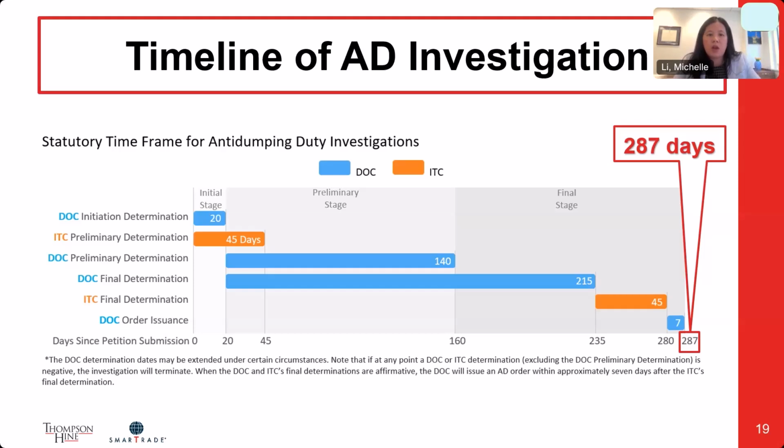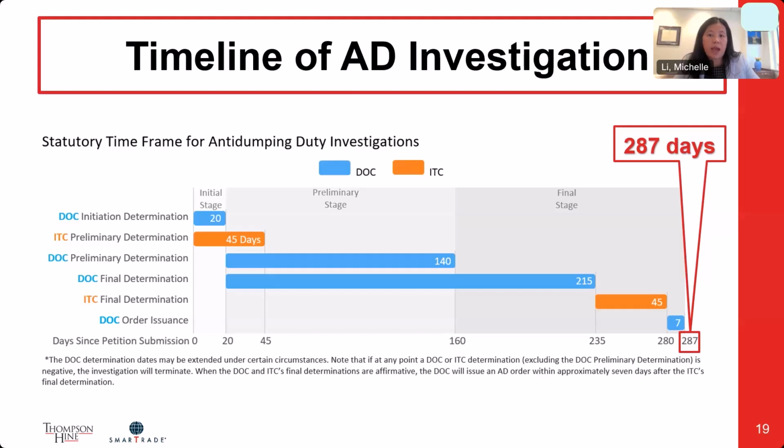Then once Commerce makes an affirmative final determination, ITC will come back in and decide whether there is truly a material injury. At this point, the standard will be a little bit higher, based on a substantial evidence standard.